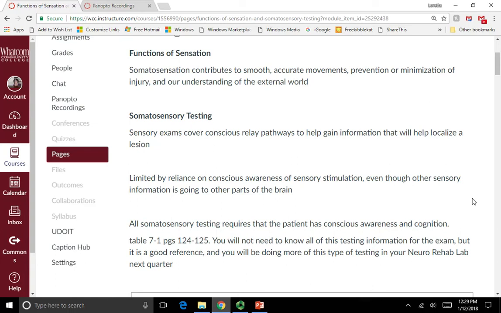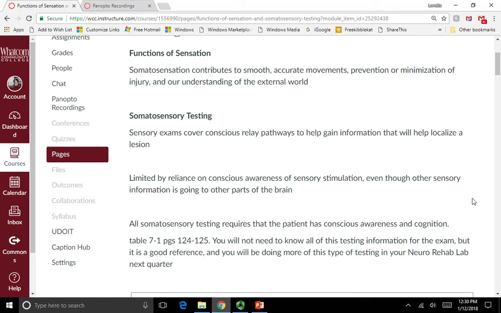A lesion superior to the thalamus, such as a stroke in the cerebral cortex, doesn't impair vibration sensation, which is important for movement sensation. But a lesion inferior to the thalamus might impair it, because it keeps those vibration signals from getting to the thalamus.